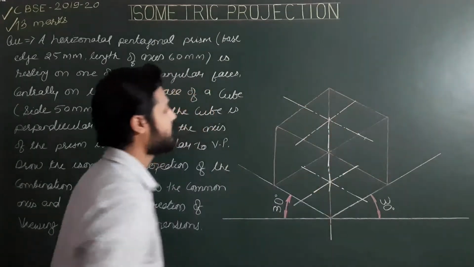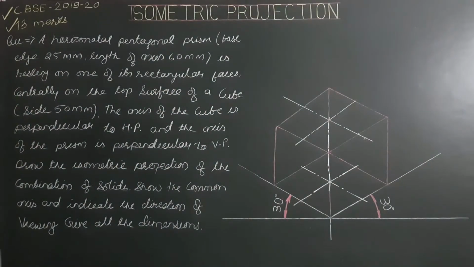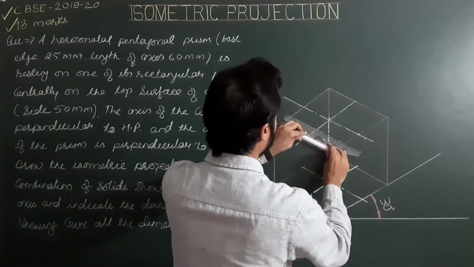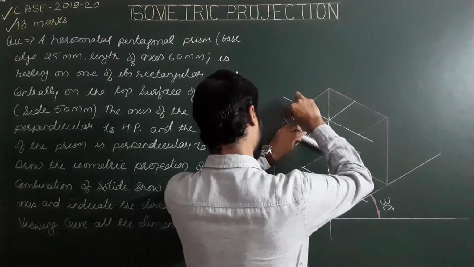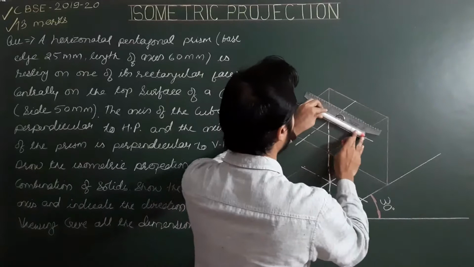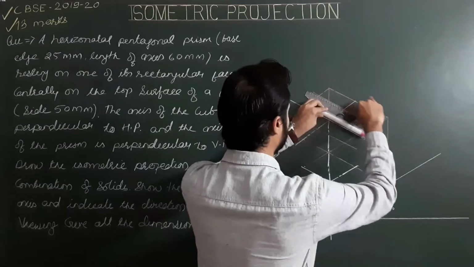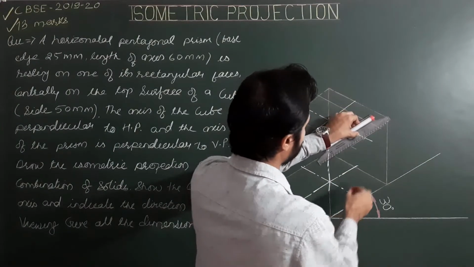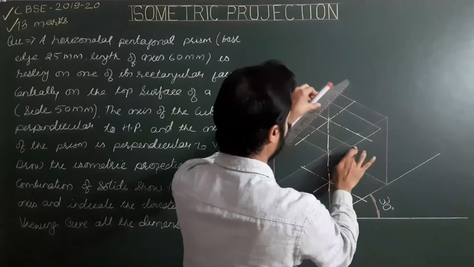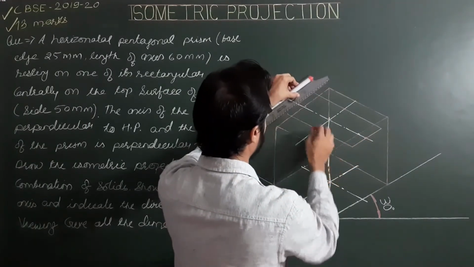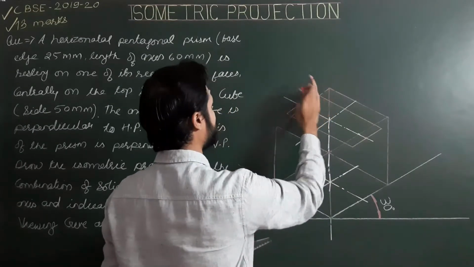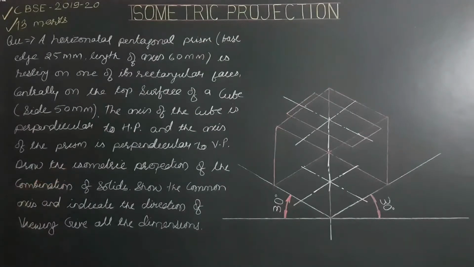We have all 4 boundaries or limits of the rectangular face. Now drawing lines from these 4 points, parallel to the first ISO axis. So this is the rectangular face which is resting centrally on the top surface of the cube.